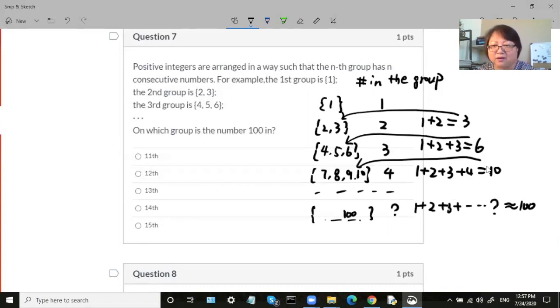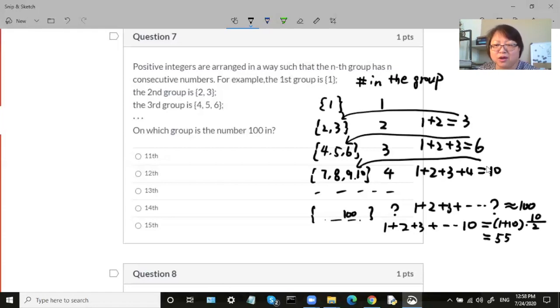Let's try 10 first. So we have 1 plus 2 plus 3 up to 10. We know how to calculate this sum, right? 1 plus 10, with 10 terms, divided by 2, which is 11 times 5, 55. Not close to 100 at all.